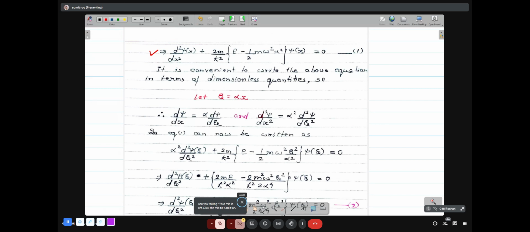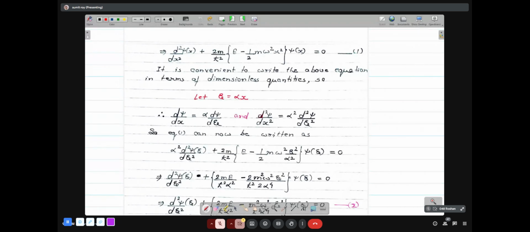Now comes the mathematics: how to solve this. Some manipulations are to be done to convert it into a known differential equation. We always try this because solving an unknown equation will be more tedious.